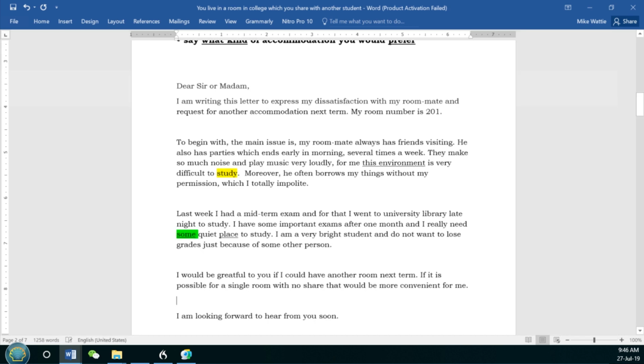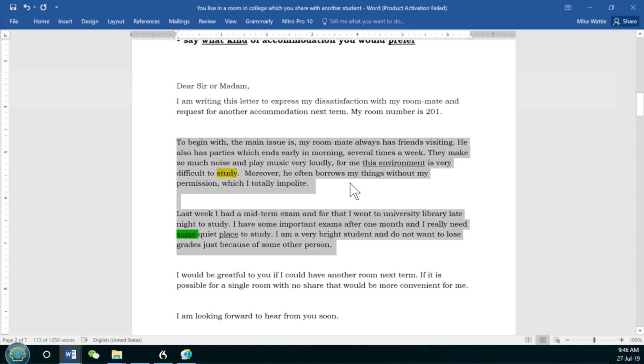Of not being able to study. Okay, so the original letter looks something like this, and the key thing I want to draw your attention to is that there's only 2 real body paragraphs here. So really what's happened is the first 2 questions have been answered in this paragraph. They're stuffed and lumped together. This then makes it difficult for the examiner to work out how good the response is to each question.